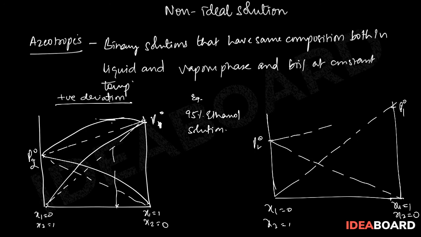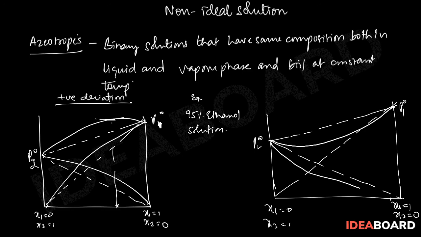This is the pressure predicted by Raoult's law. Now because it is forming a negative deviation, the total vapor pressure will be much lower than the prediction by Raoult's law.